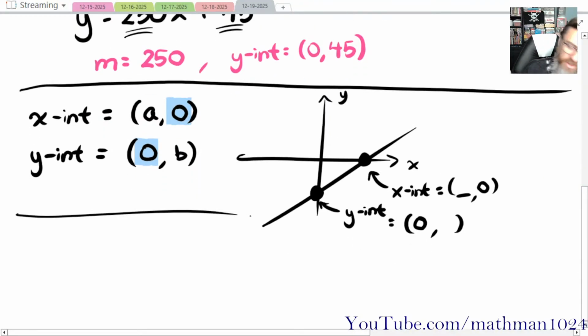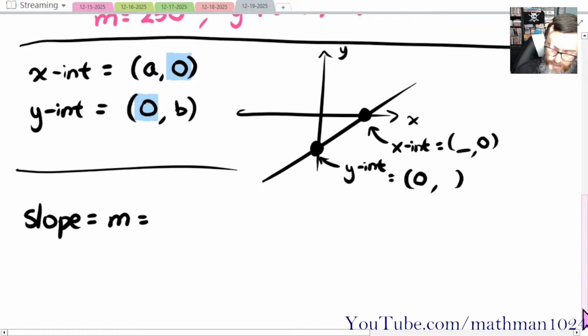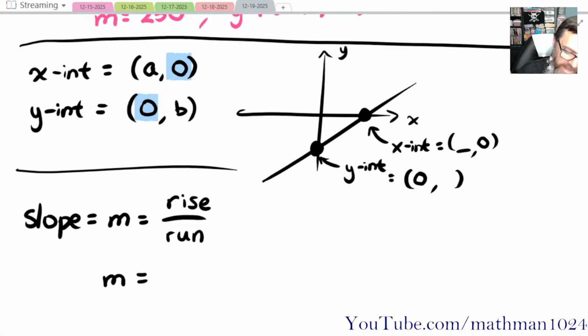Some other things for us to know. When we talk about our slope, now we've already talked about this a little bit. The slope, we usually represent with a little m. The three-word phrase that pays for slope is rise over run. To calculate this and to write our slope formula, go back to how we talked about rise over run above.